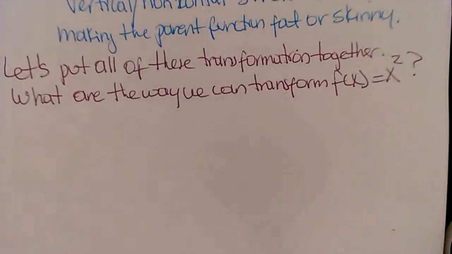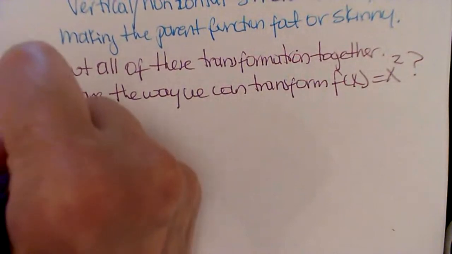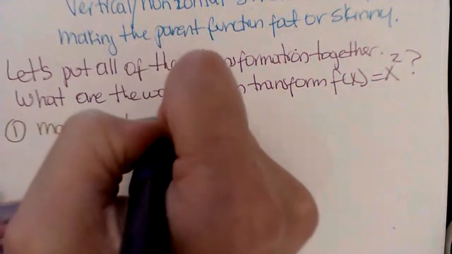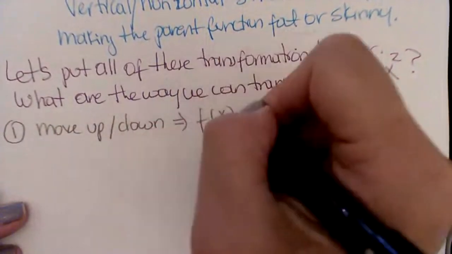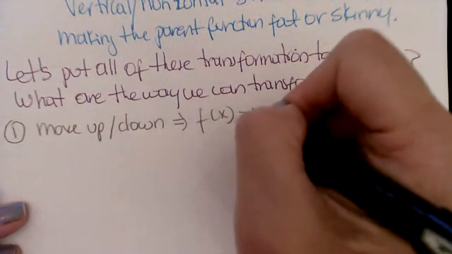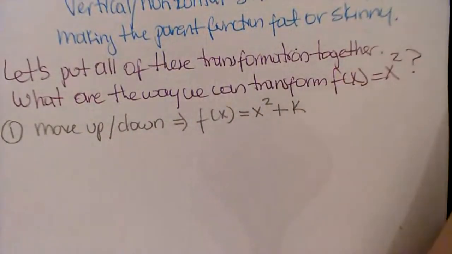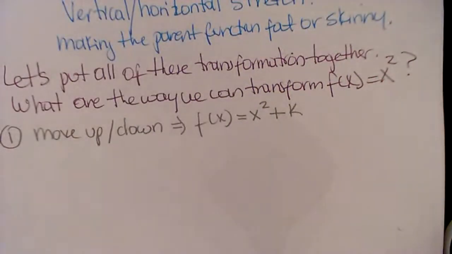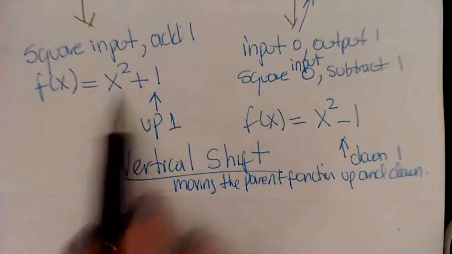So the first one is move up and down. And that one is what? f of x equal to x squared plus k, the first one. Okay.